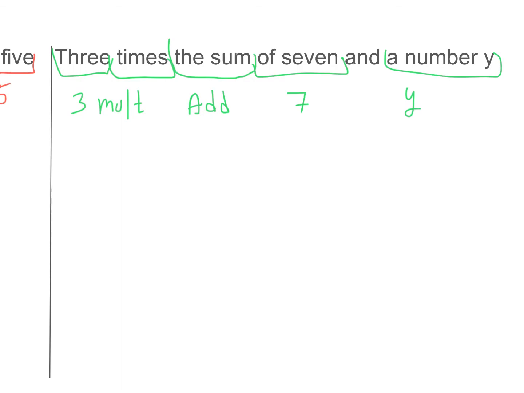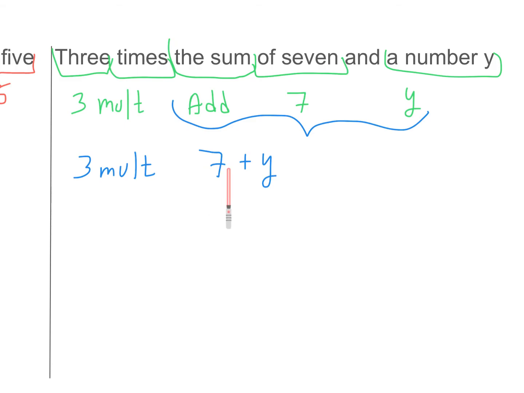Okay. So we're going to do 3 multiplied. That didn't change. But to show the addition of 7 and y is 7 plus y. Now I have to multiply 3 with all of this, not just the 7.